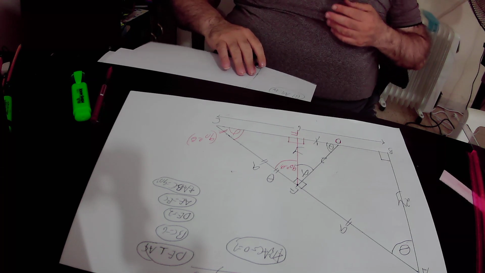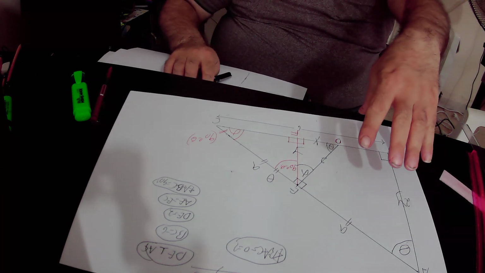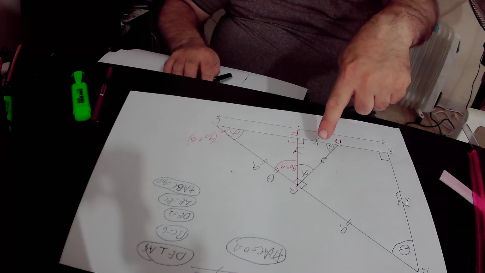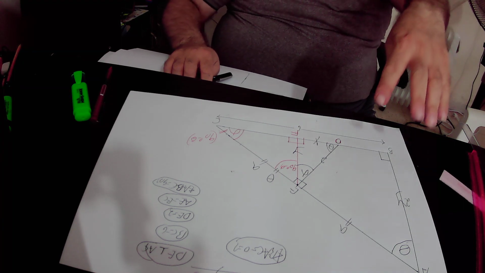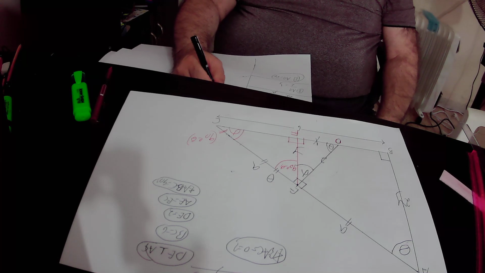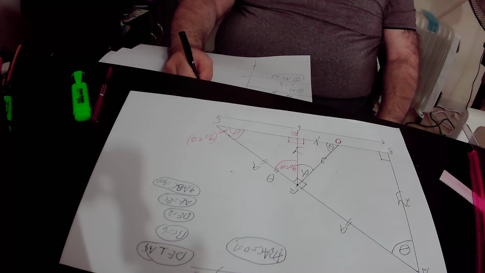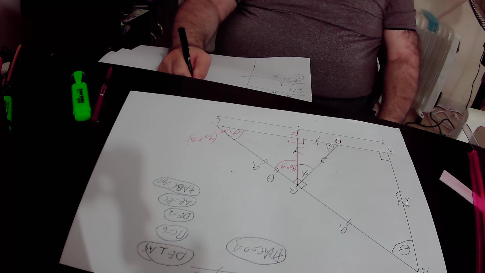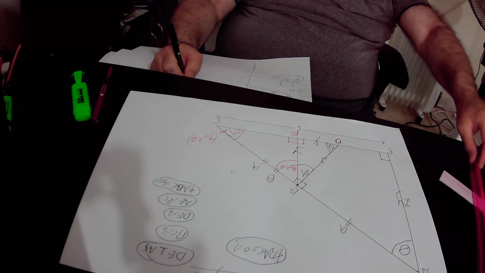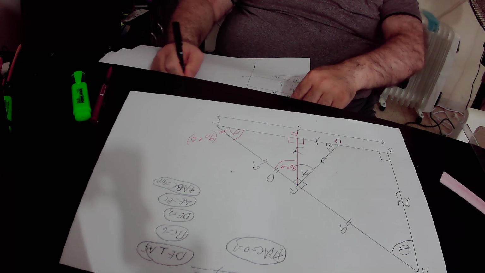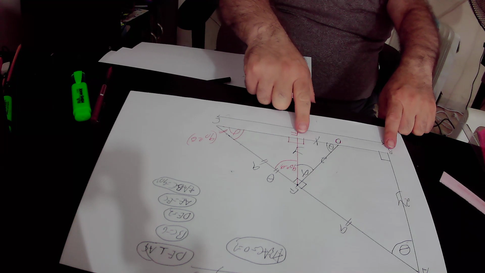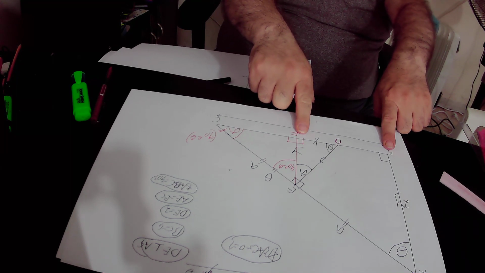In the next step, we will prove that the right big triangle, triangle ABC, is similar to the right small triangle, triangle DEF. So why are those two triangles similar to each other? First of all, those two angles are equal to each other, they are both equal to 90 degrees.